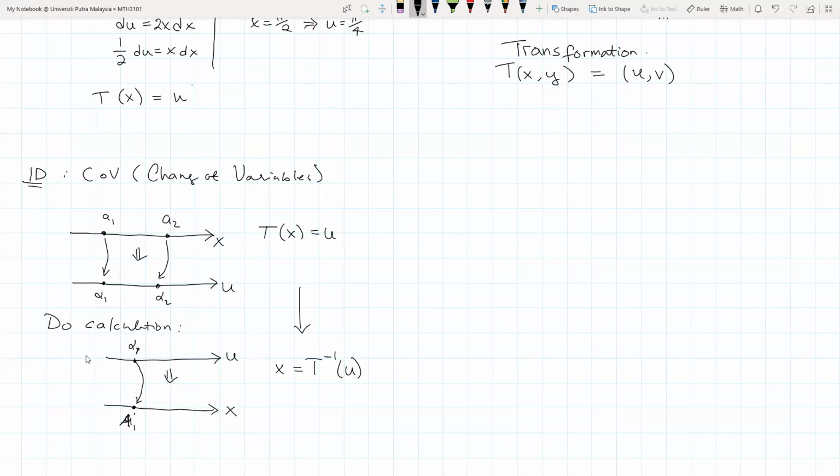Same thing for alpha 2, which corresponds to big A2 on the x axis. So T is 1 to 1. Meaning what? T is reversible.